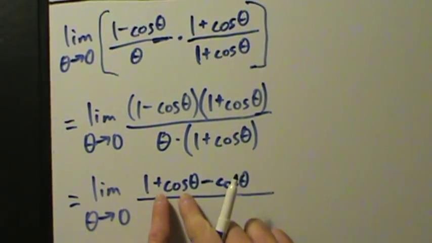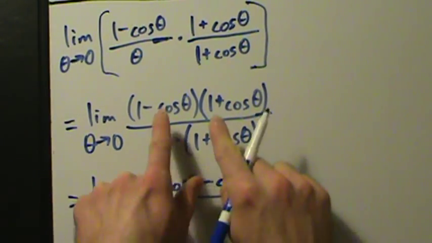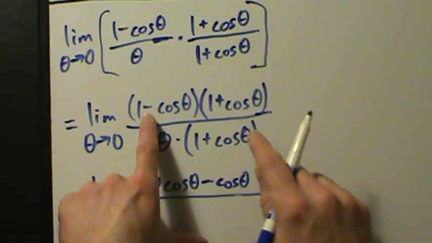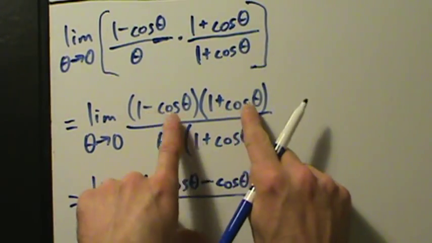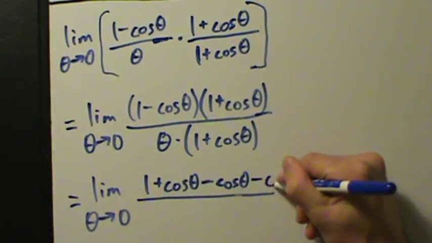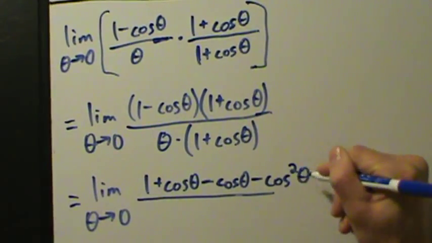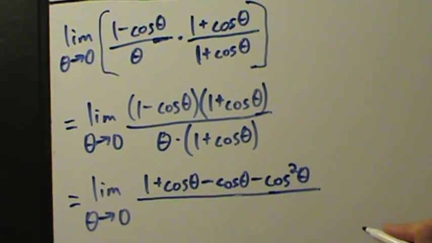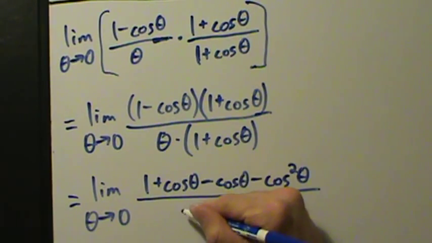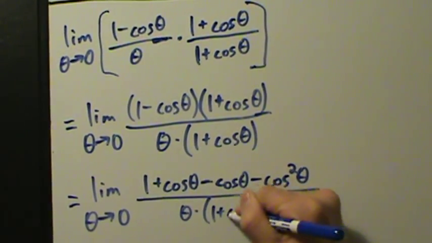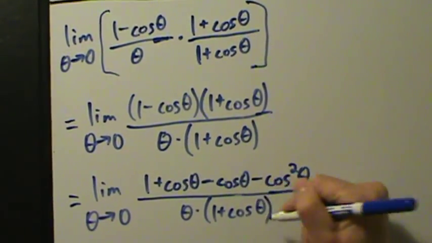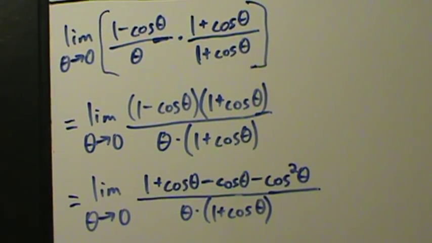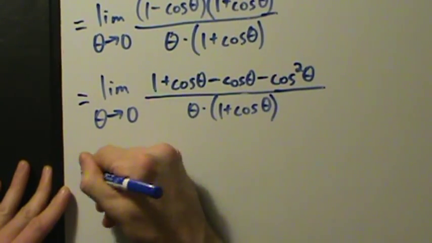So outer plus cosine theta, inner minus cosine theta, and then last is going to be minus cosine squared of theta. And then on the bottom, we still have the same thing here, theta times 1 plus cosine theta.